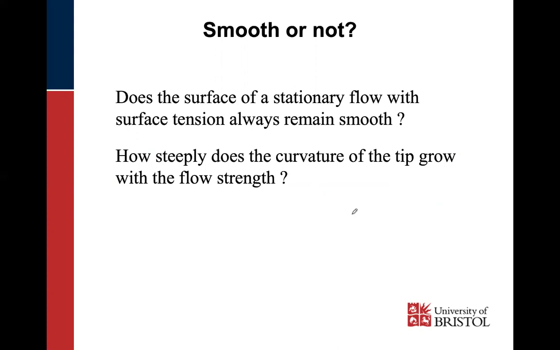And apart from its practical relevance in experiments, there's a fundamental question of whether in this situation the tip of the bubble you've seen really has zero radius of curvature, or does it remain smooth?